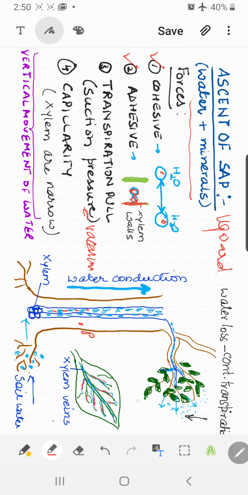But at the same time, there is a continuous transpirational water loss, because leaves are undergoing transpiration, so water is lost into the atmosphere in the form of water vapors. When one water molecule is lost, supposedly here, it's just an example, the position of this water molecule is now vacant. And since the channel is continuous, there is no airspace, this water loss has created a kind of vacuum here which will generate suction pressure.